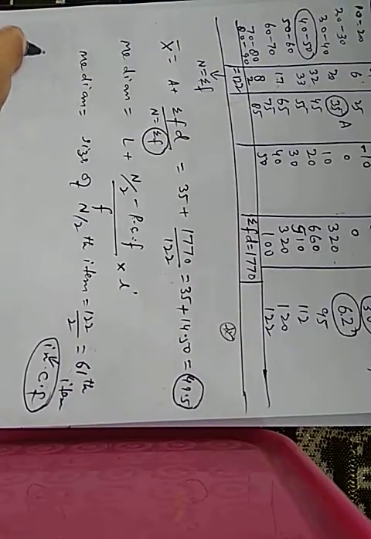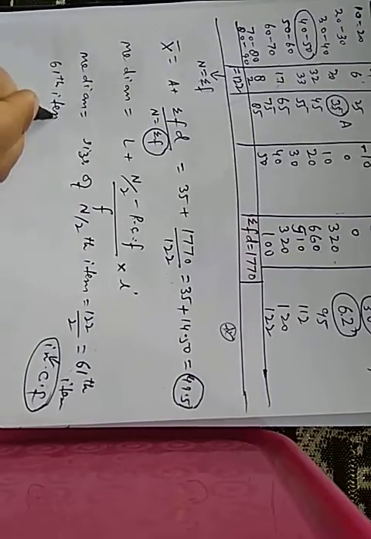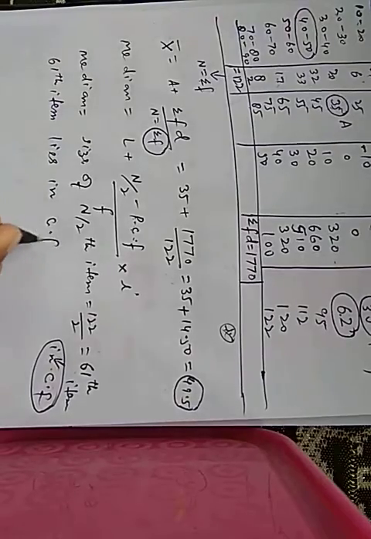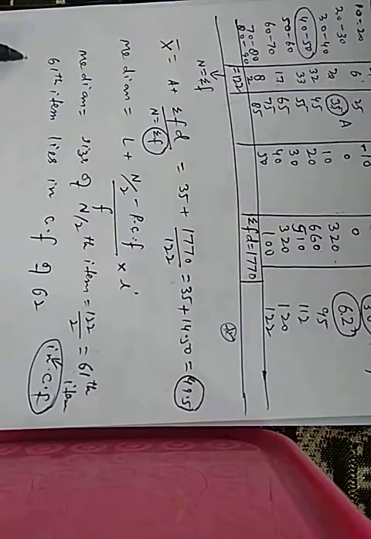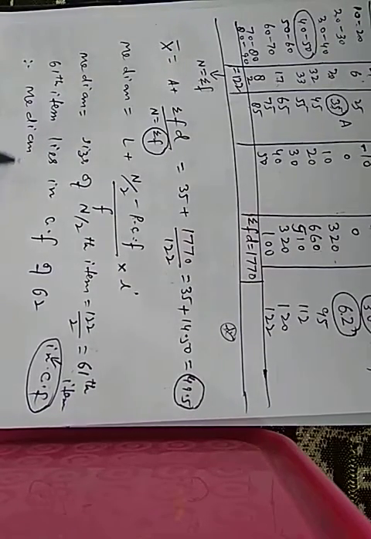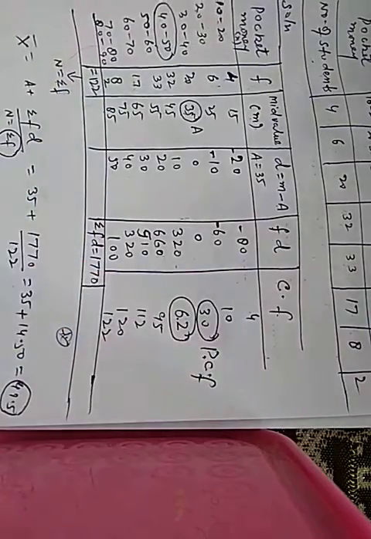The 61st item lies in the cumulative frequency of 62. Therefore, the median class is 40 to 50, because this is its cumulative frequency.